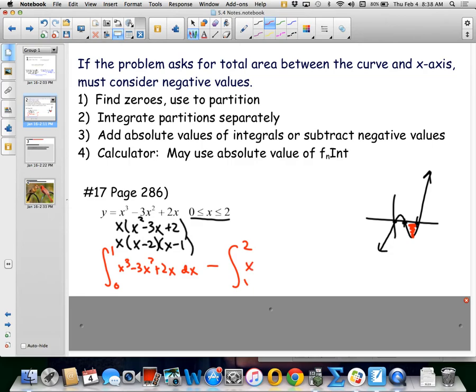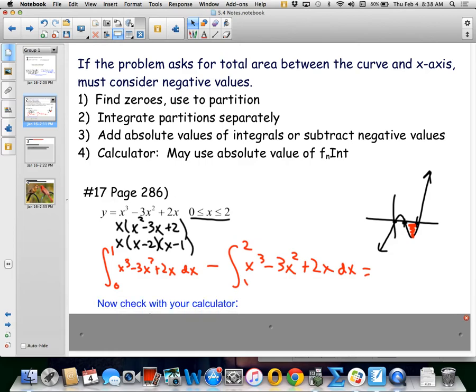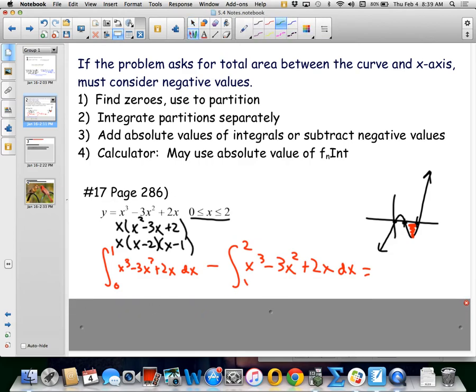All right, I'm going to finish this up. Now, this problem would take a little bit to do by hand. Let's take a look at our antiderivatives here. The antiderivative would be x to the 4th over 4 minus x cubed plus x squared.